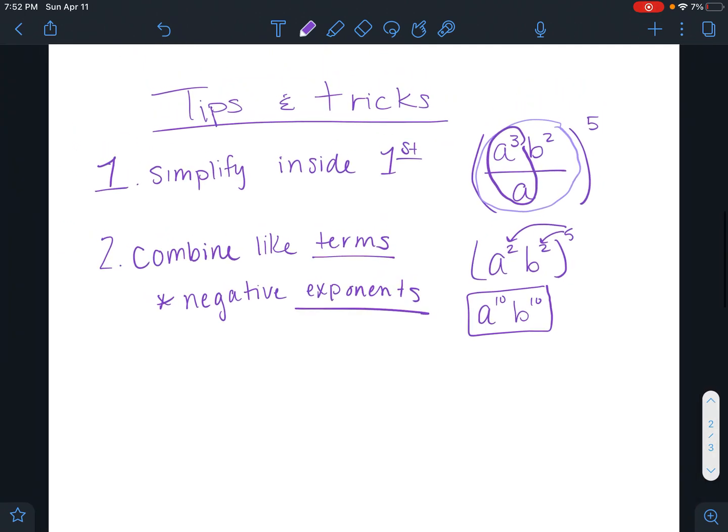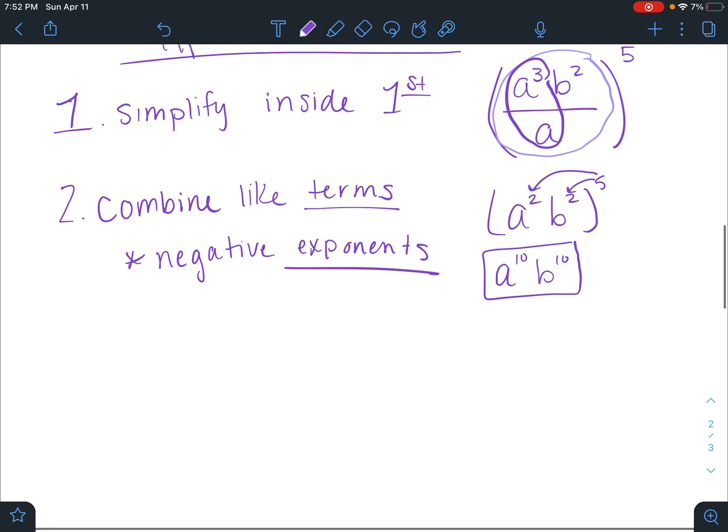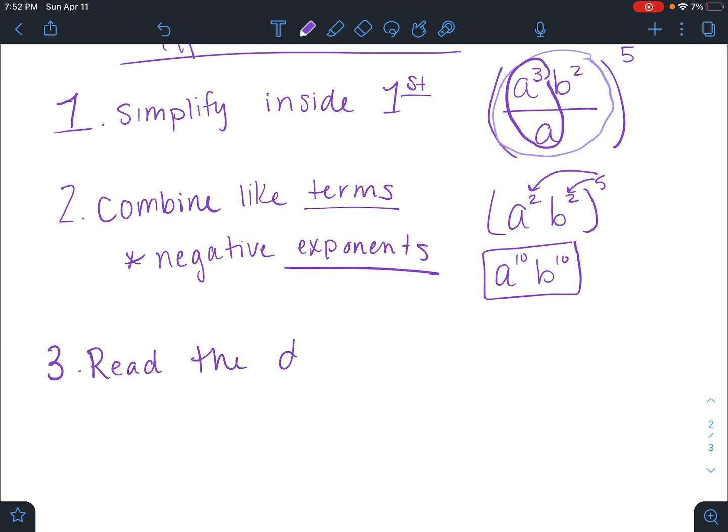All right. And the last thing I would recommend is read the directions. Sometimes they're going to tell you to simplify. That means if you have 2 to the 5th power, it wants 2 to the 5th power as a number, not 2 to the 5th power.